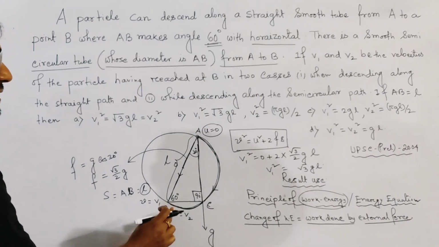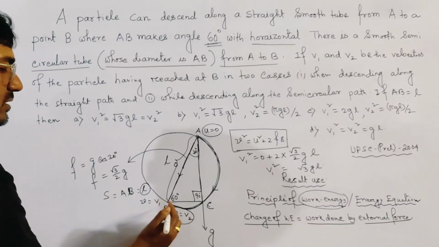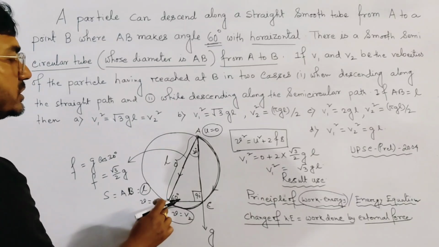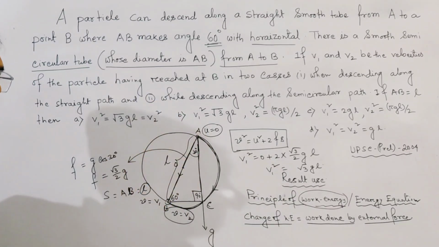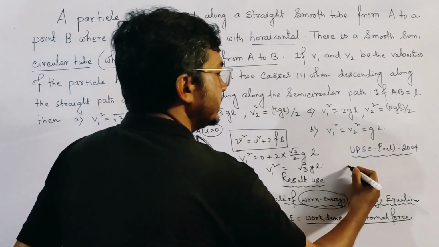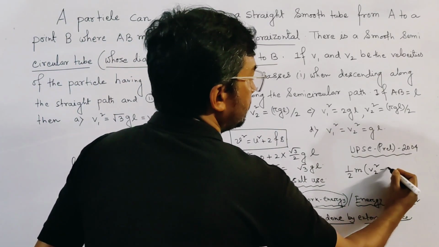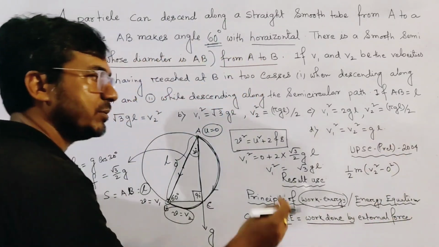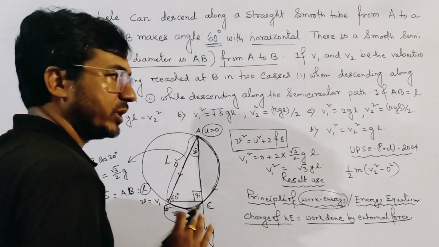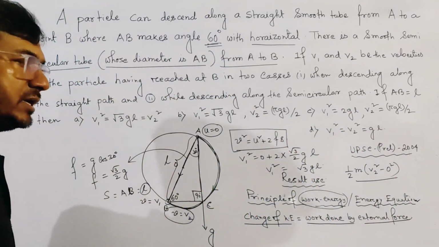In the second case the velocity at the final position is V2 and the velocity at the initial position is 0. So the change of kinetic energy is half m V2 square minus 0 square, if m is the mass of the particle.